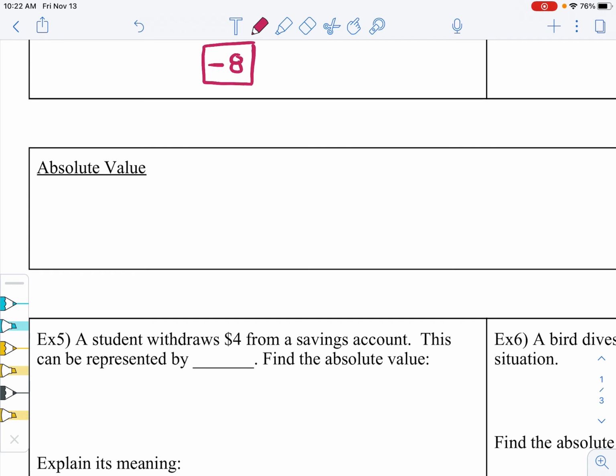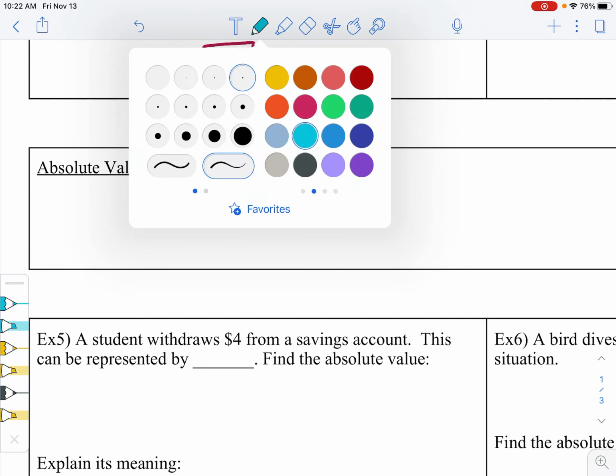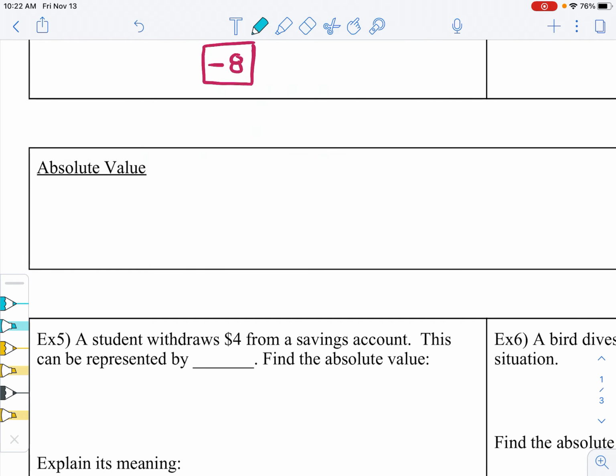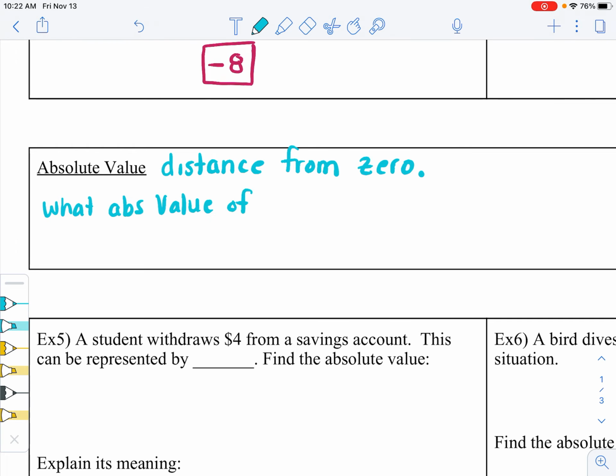The next thing we're going to talk about is absolute value. So let's first define absolute value. Absolute value is the distance a number is from 0. So, for example, what is the absolute value of -4? How far is -4 from 0?